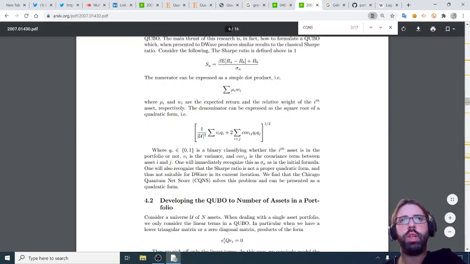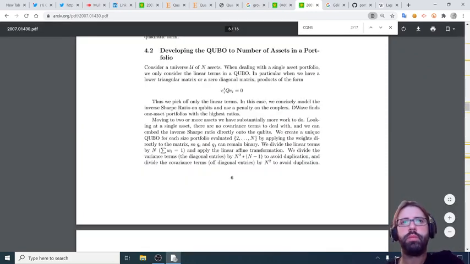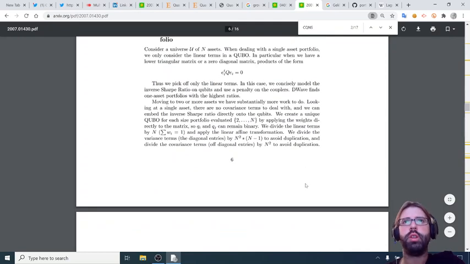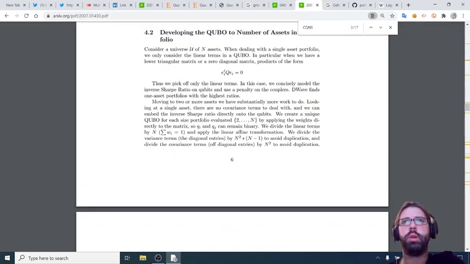If this is really what goes into the QUBO, right? Because they don't talk about these at all. They say the linear terms by n and apply the linear affine transformation.